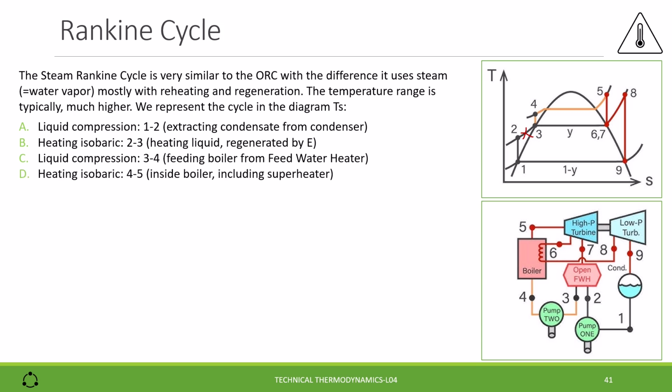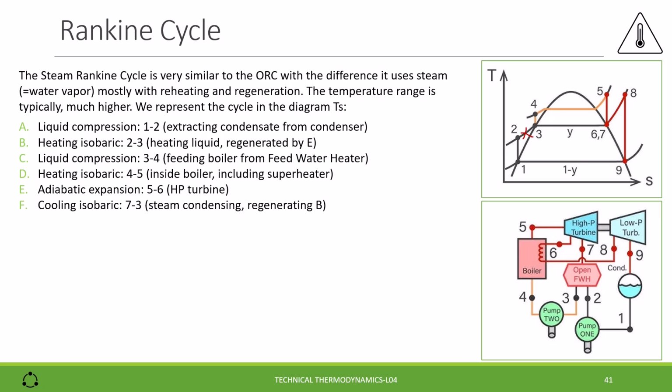The transformation D is the isobaric heating from 4 to 5, and it takes place inside of the boiler, including the superheating. Transformation E is the adiabatic expansion from 5 to 6, and this happens in the high pressure turbine.